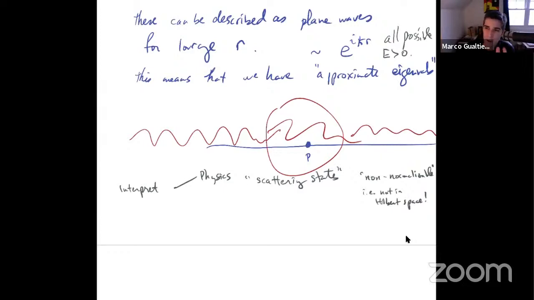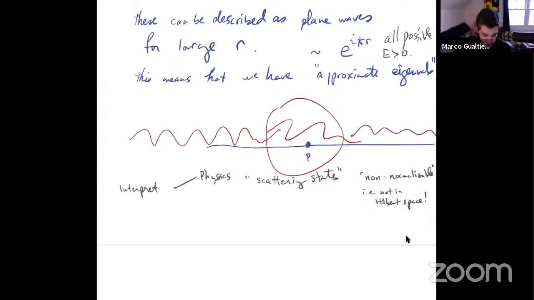We have this self-adjoint operator. It's not bounded, as we discussed before. It's an unbounded self-adjoint operator. We found a bunch of eigenstates for it, but it appears that there are more solutions which are not in L2, not in the Hilbert space.